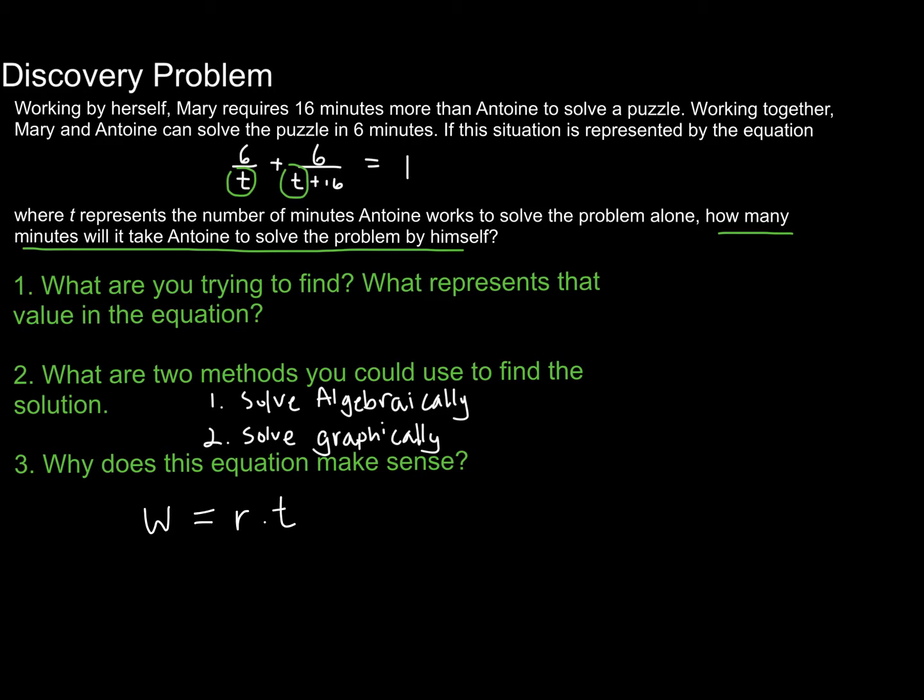If you think about this relationship, that will help you understand and put together the pieces that make up this equation. So spend a little more time thinking about that. We'll discuss this more in class together. And once you've thought about that a little more, go ahead and move on.